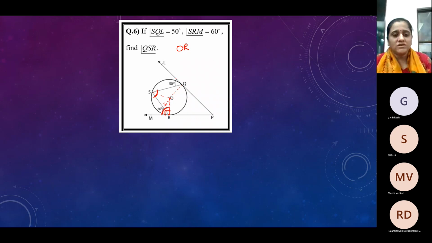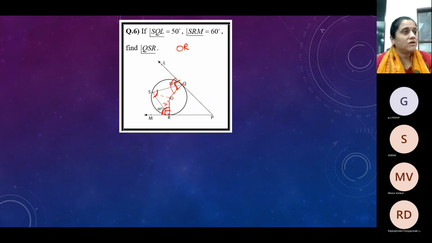Do the same thing here. See, Q is the point of contact of the tangent and QO is the radius. So the angle between the radius and the tangent is 90 degrees. How much is it from here to here? 50.